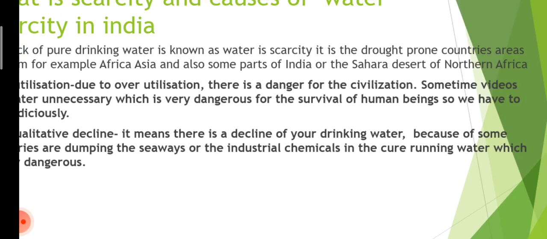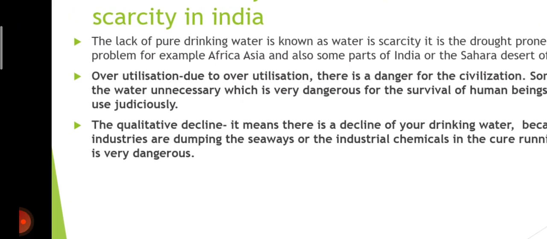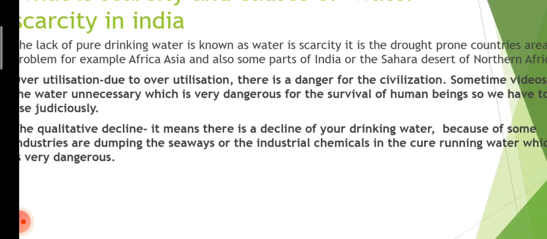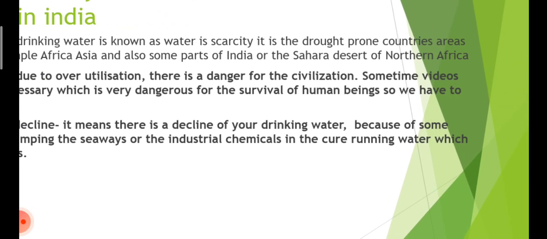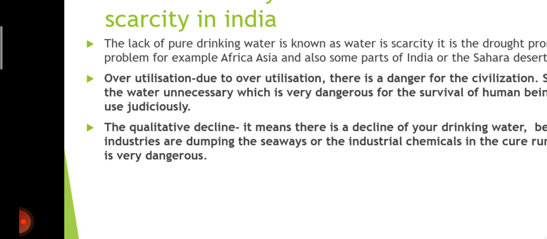It is a problem of drought-prone areas, for example Africa, Asia, some other parts of the Sahara Desert and also North Africa. These are the drought-prone areas, and the desert areas of any country also face the problem of water scarcity.